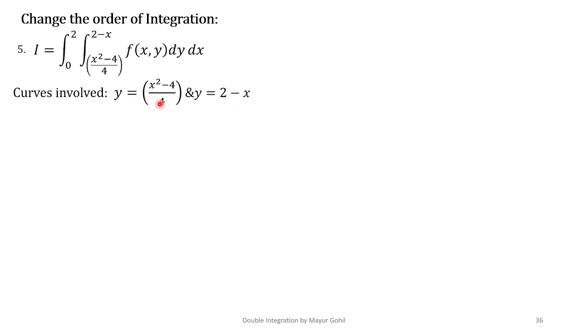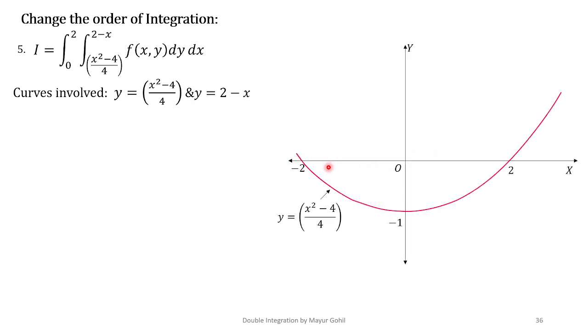The first curve, the lower limit in the innermost integral, is the parabola, and the upper limit in the innermost integral is the straight line. So let us plot them. When we plot the parabola, you can see it is this pink curve over here. And the straight line y equals 2 minus x is going to go in this manner.